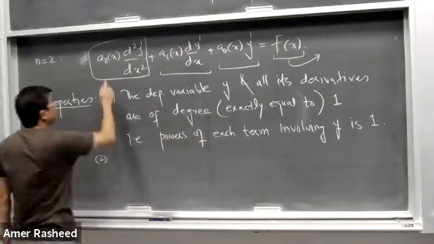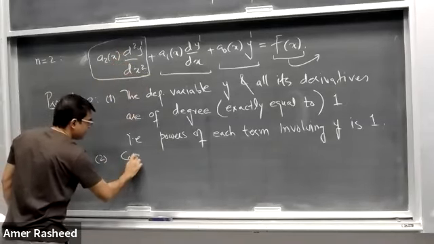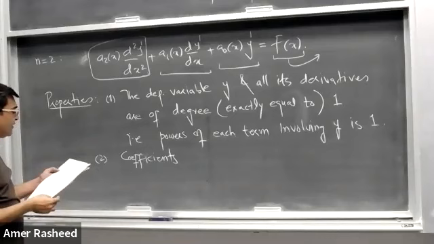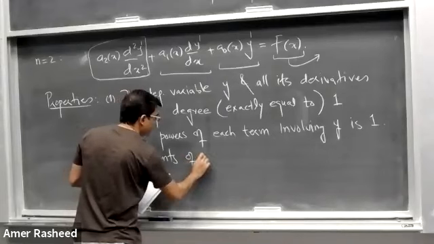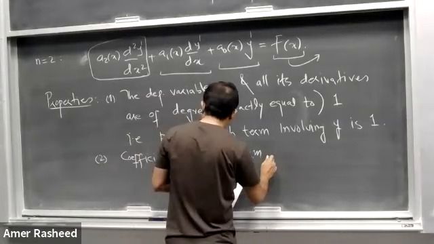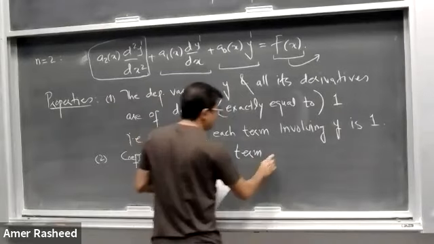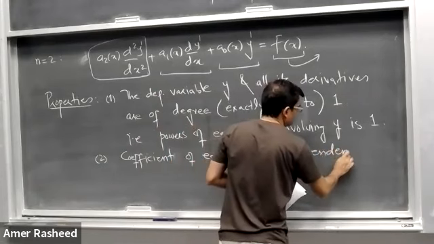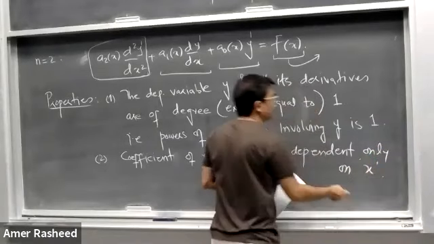The coefficients of these derivative terms, a(x), the coefficient of each term is dependent only on x, which is the independent variable.